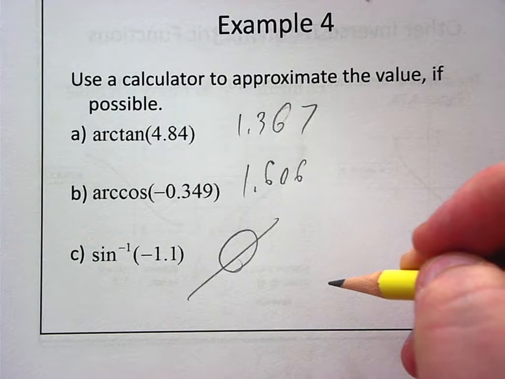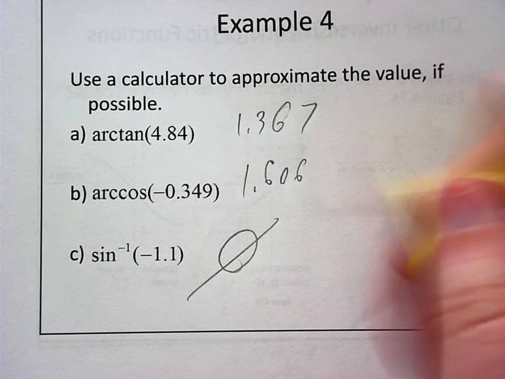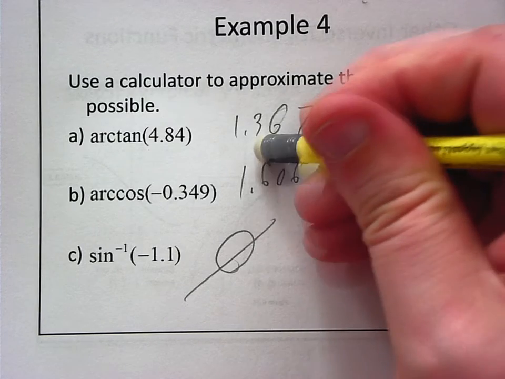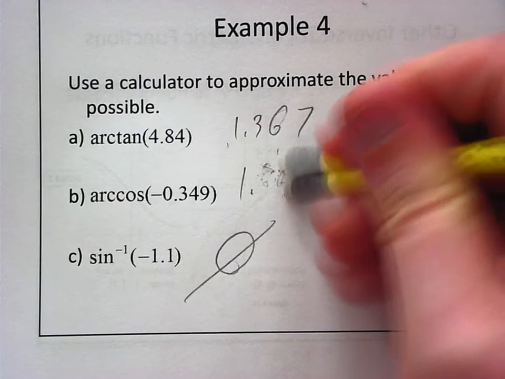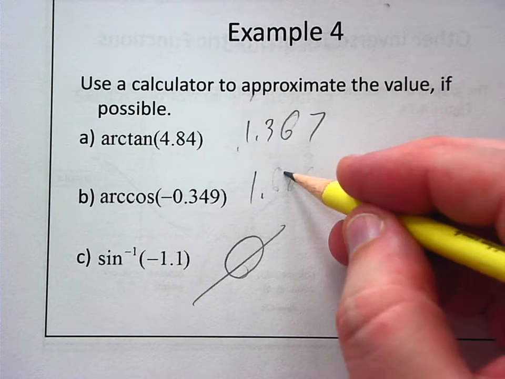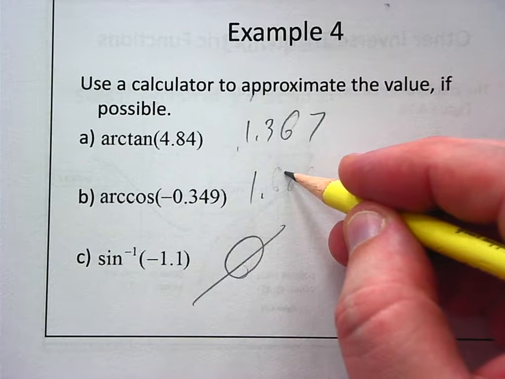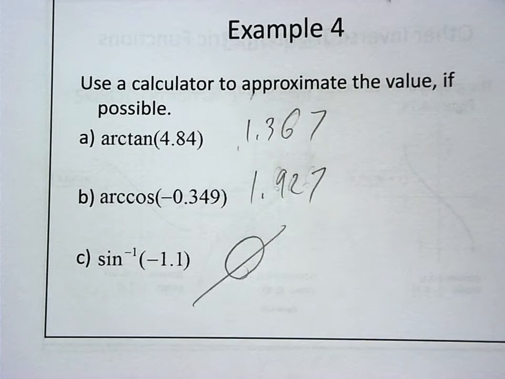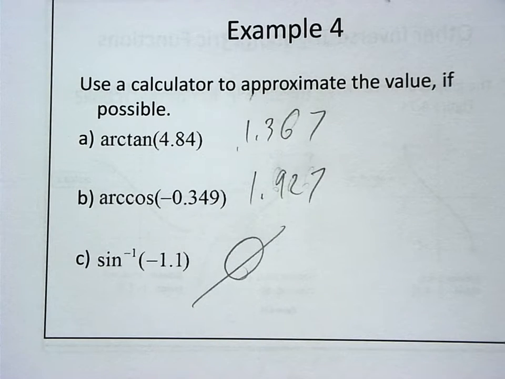Anybody else get that? I got 1.9, because I put in the wrong number. So what do you get? 1 point what? 927. 1.927? That sounds a little better. Were you in degrees? I put a 0. Ah, okay, that would do it.